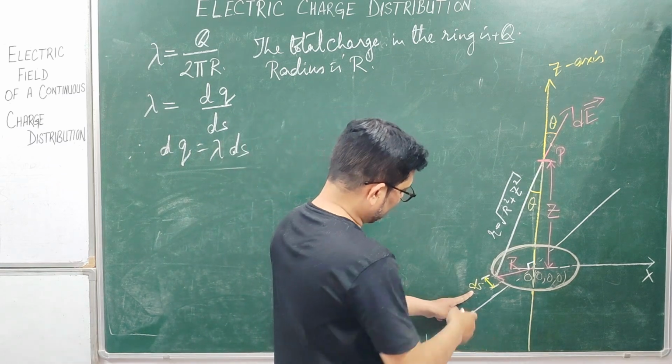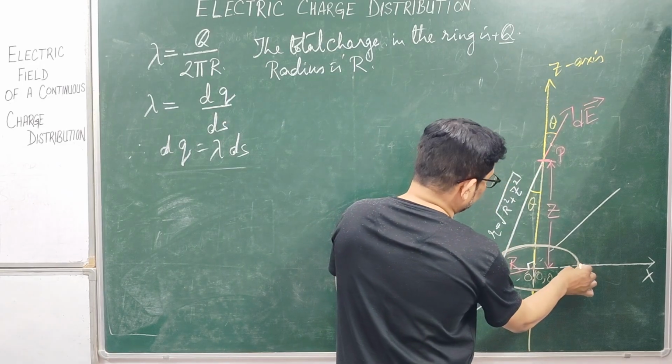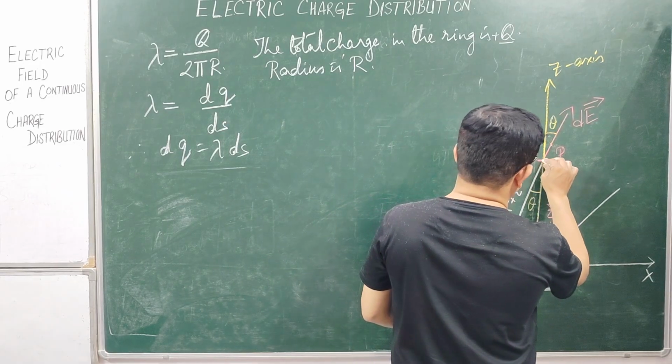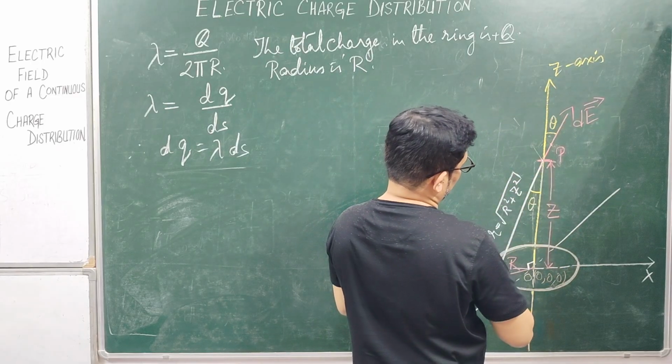Now think over it. If you take just the counterpart of it, somewhere here the elemental, it would be in this direction, right? If you take any part, it would be in this direction.